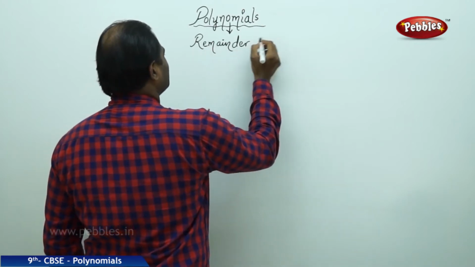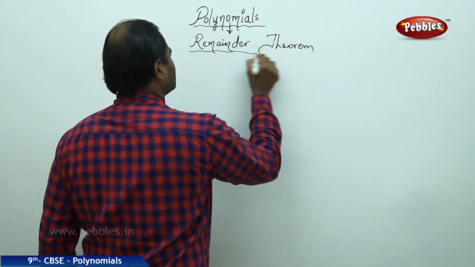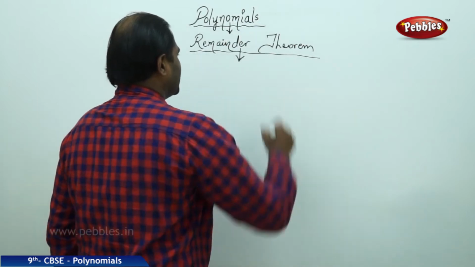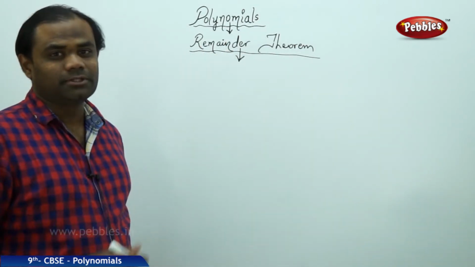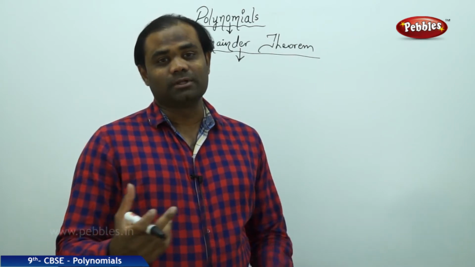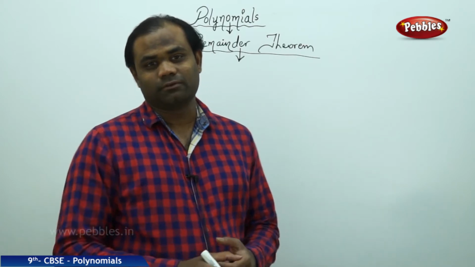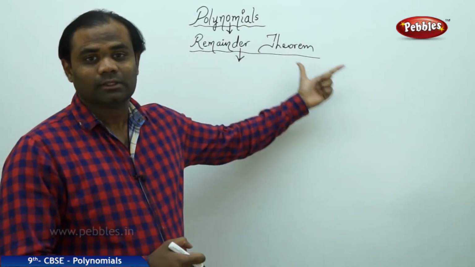Remainder theorem. As the theorem says, this theorem is dedicated to identifying the remainder of a polynomial divided by another polynomial. This is the first thing which we note from the theorem called the remainder theorem.